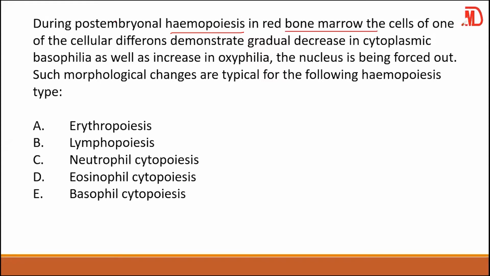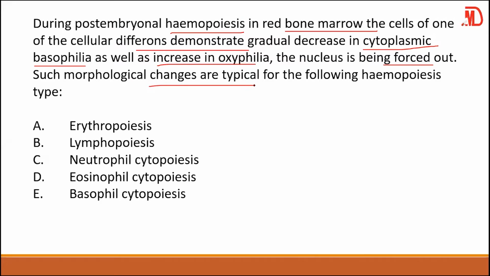The cells of one of the cellular differons demonstrate a gradual decrease in cytoplasmic basophilia as well as an increase in oxyphilia. The nucleus is being forced out. Such morphological changes are typical for the following hematopoiesis.